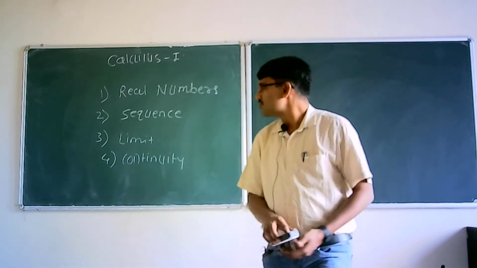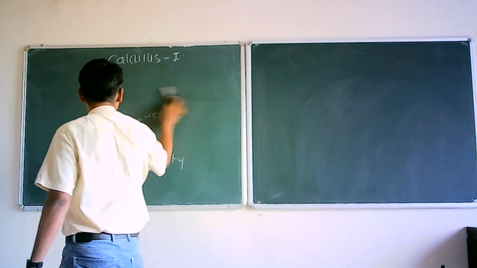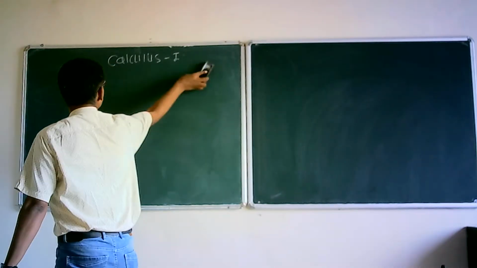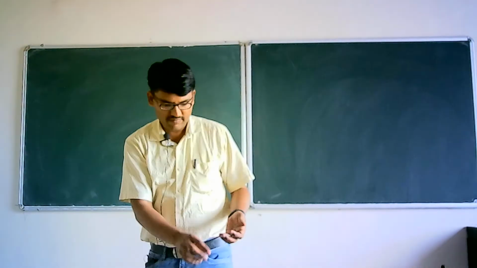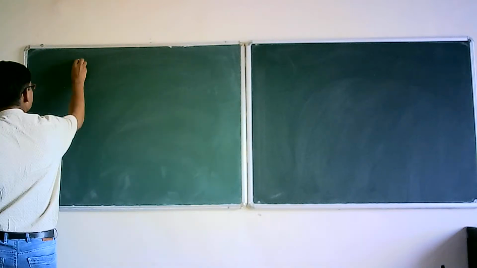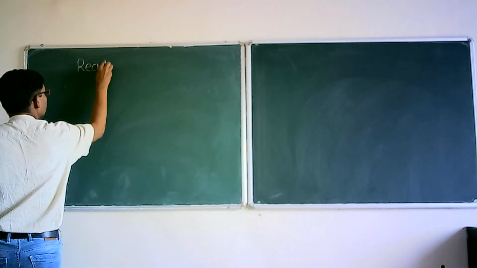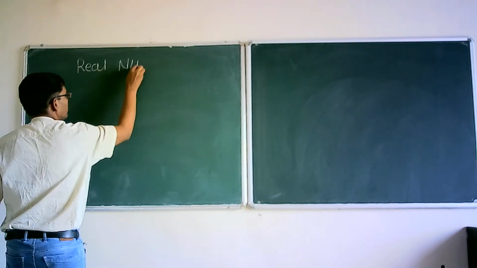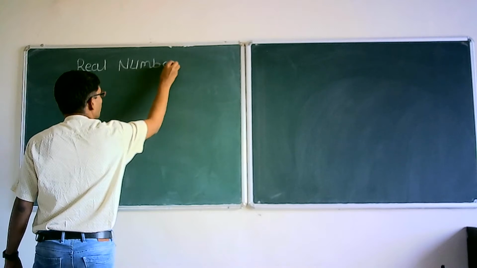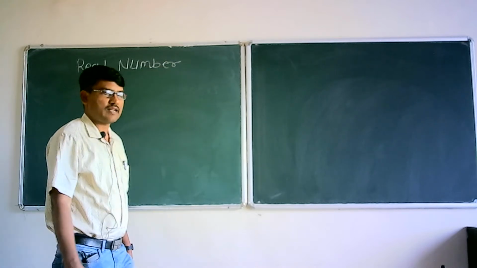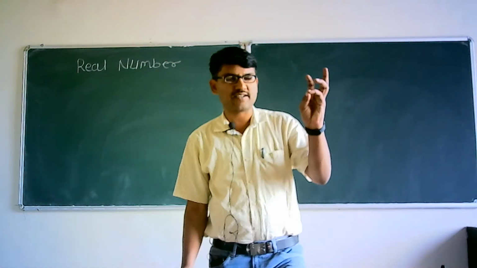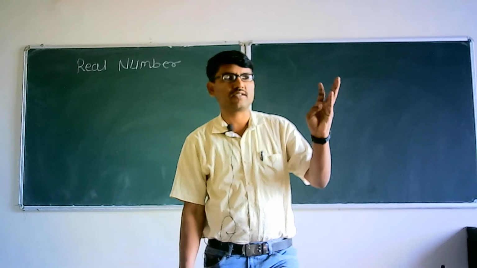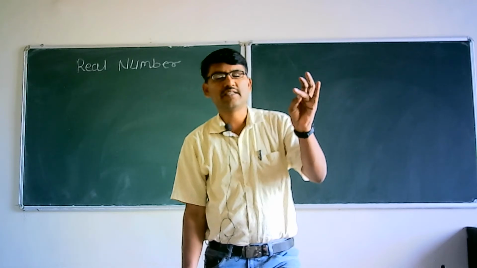So today we are going to start the first chapter, real numbers. All of you know the standard number systems: the set of natural numbers, integers, rational, irrational, and then the set of real numbers.